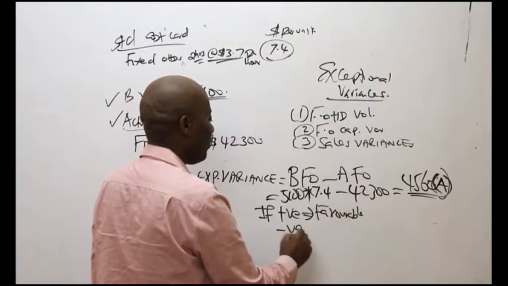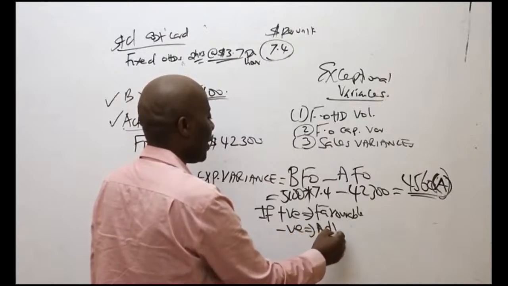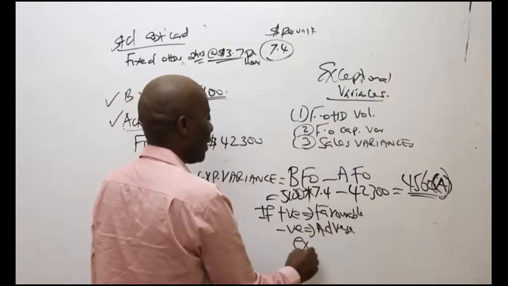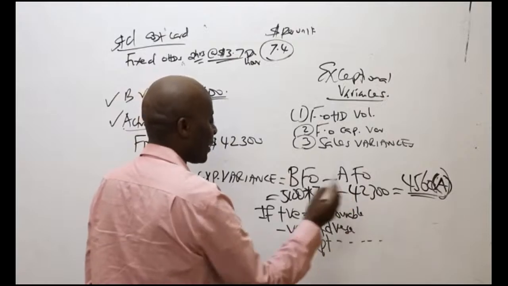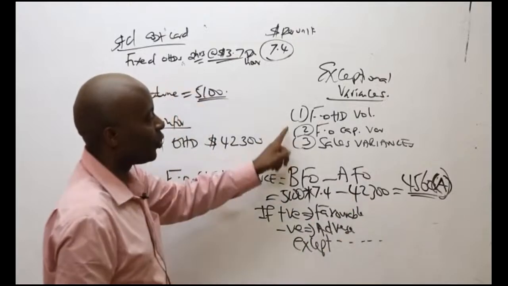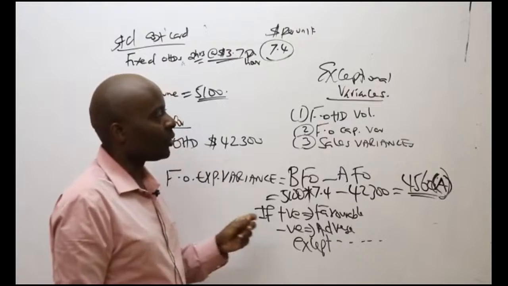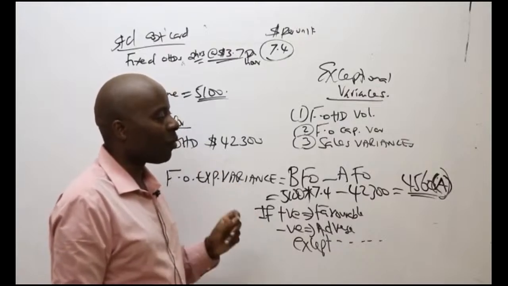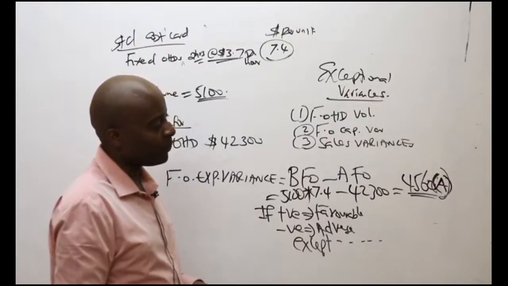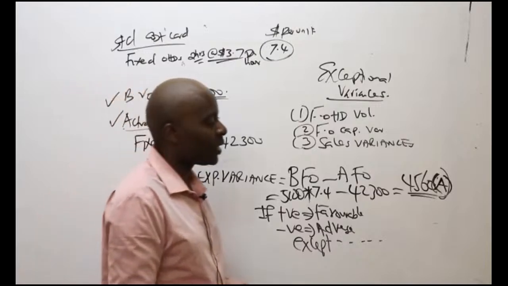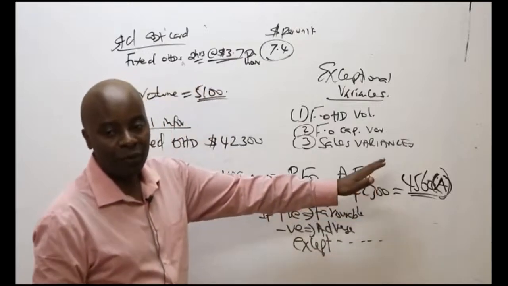If negative, adverse. Except these three, which we normally interpret in the opposite way. So 4560 adverse. So then Yvonne is correct, isn't it?